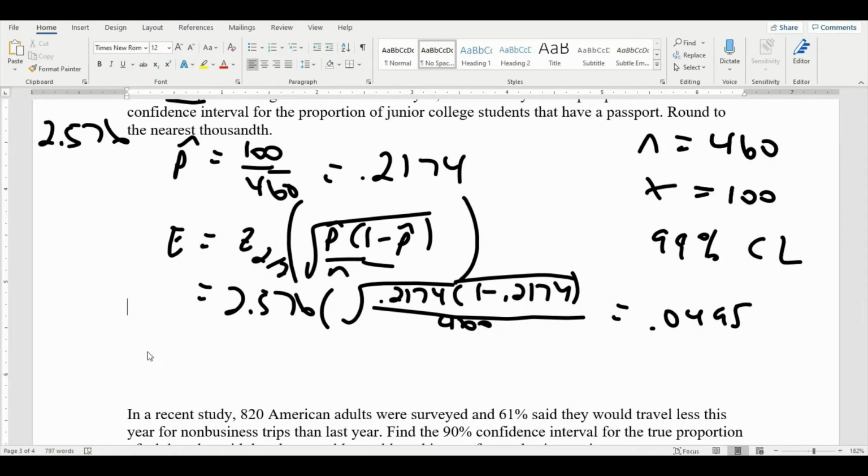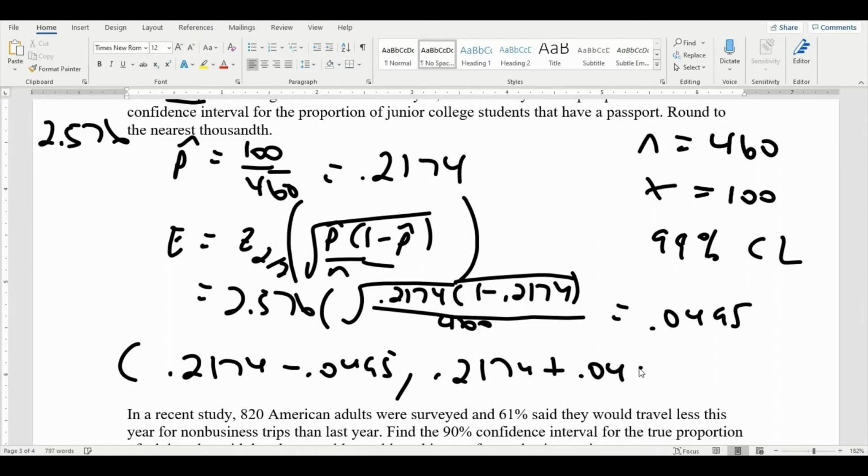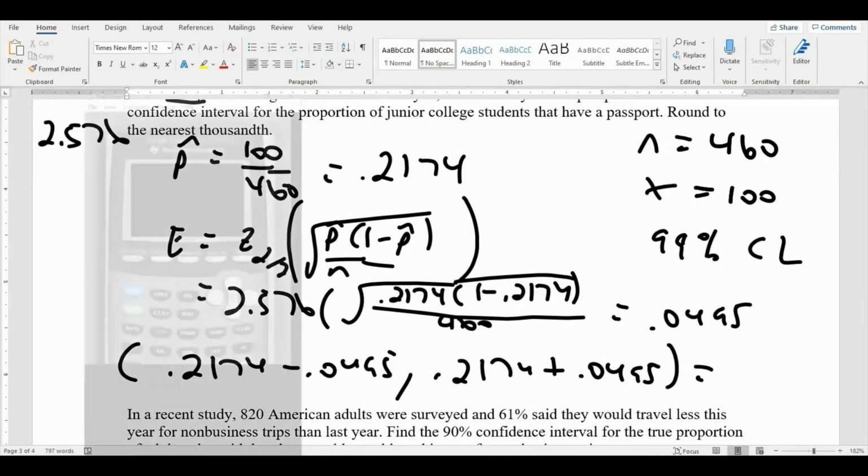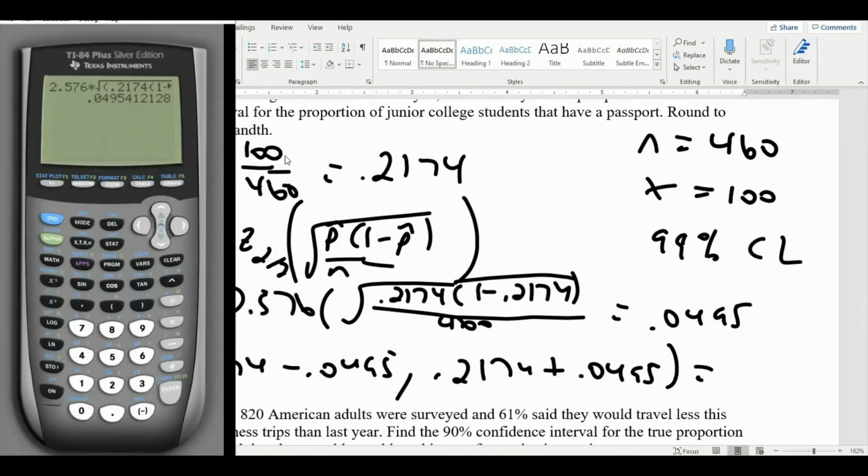So to find the confidence interval, you'll take the p hat and do 0.2174 minus 0.0495, comma, 0.2174 plus 0.0495, which gives us this: 0.2174 minus 0.0495, and if you notice, I've been rounding off all over the place.